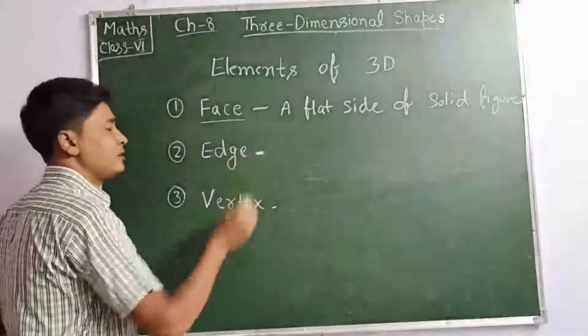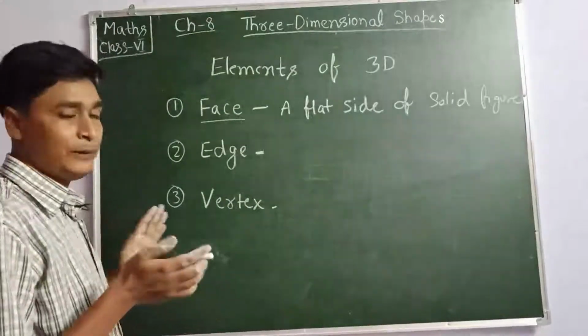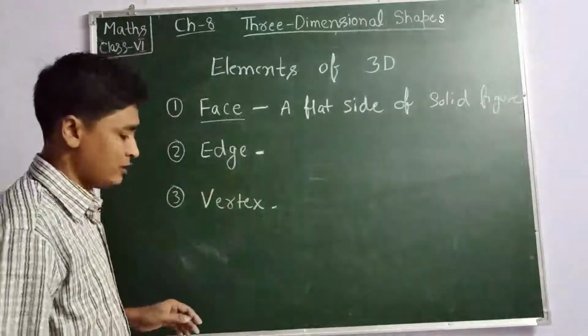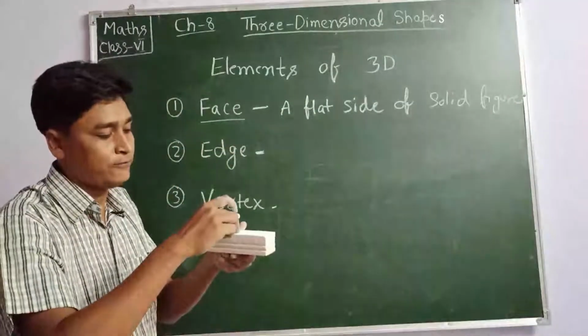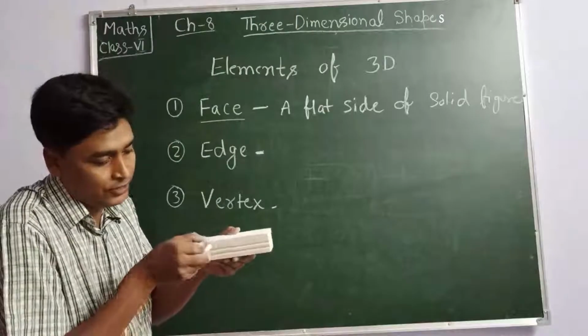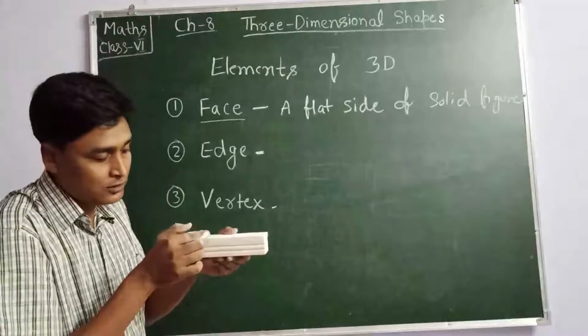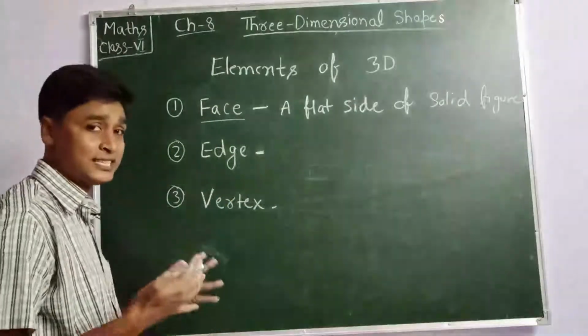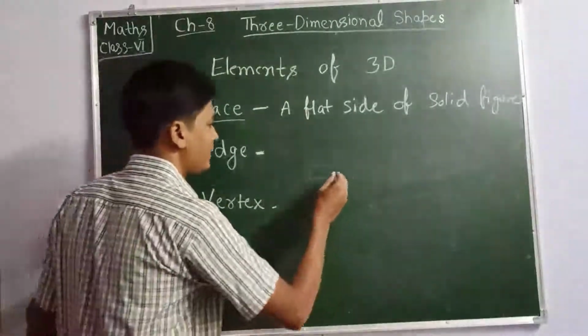Edge is a place where two faces meet. It's a line segment. For example, the top face and the side face: when these meet, this line segment forms. This is called an edge. Let's take an example of a cuboid to understand better.